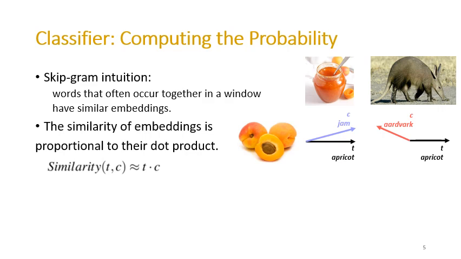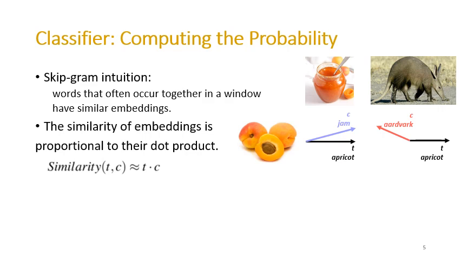T is the target word, C is the context word. Why? Because we have seen in the documents that apricot and jam do appear together, and jam is the context of apricot. However, we rarely see aardvark and apricot appear together. So the vectors for apricot and aardvark should not be pointing in a similar direction. They should be very different. This is what we would like to have.